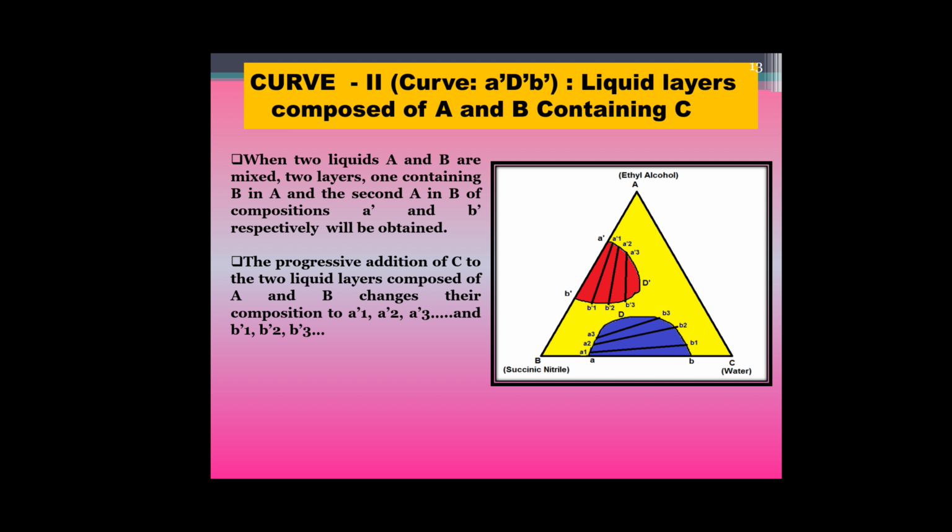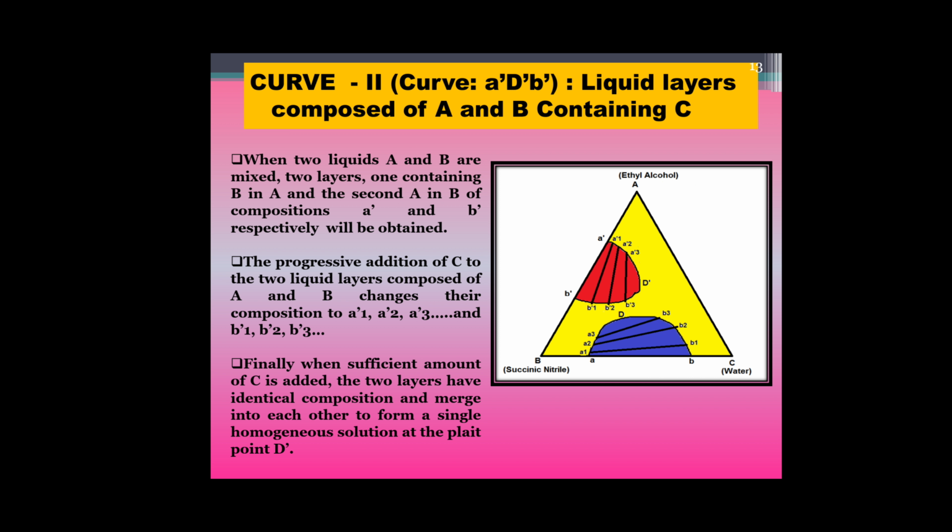Then the progressive addition of C takes place, meaning the progressive addition of water in this system of A and B. Due to this, the two liquid layers composed of A and B change their compositions to A-1, A-2, A-3 etc. and B-1, B-2, B-3 etc. After a sufficient amount of C, that is water, is added, the two layers have identical composition and merge into each other to form a single homogeneous solution at plait point D dash.